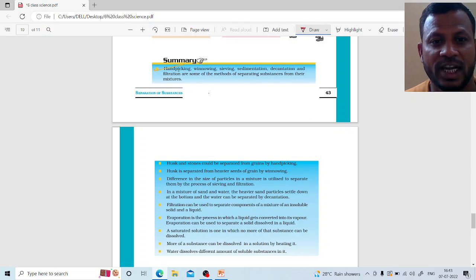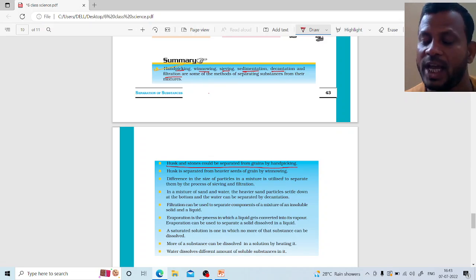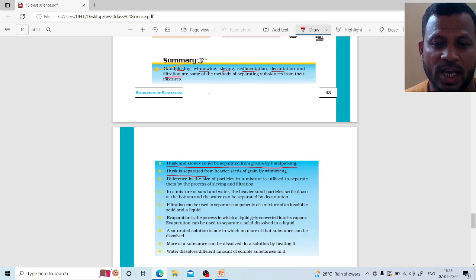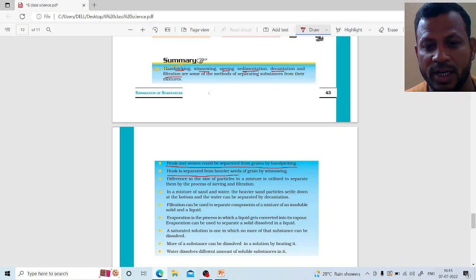Ash and stones could be separated by hand picking. Husk is also separated from the heavier seed by winnowing. Differences in the sizes of the particles in the mixture are utilized to separate them by the process of sieving and filtration.